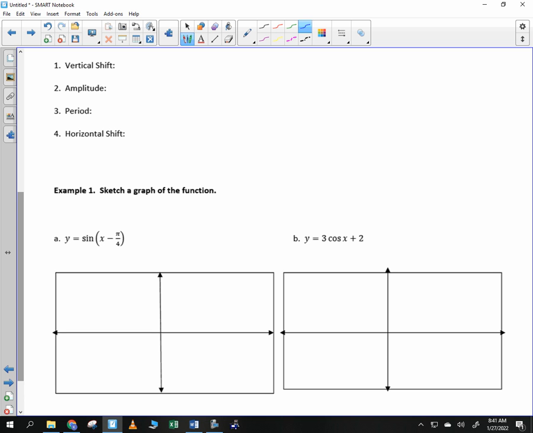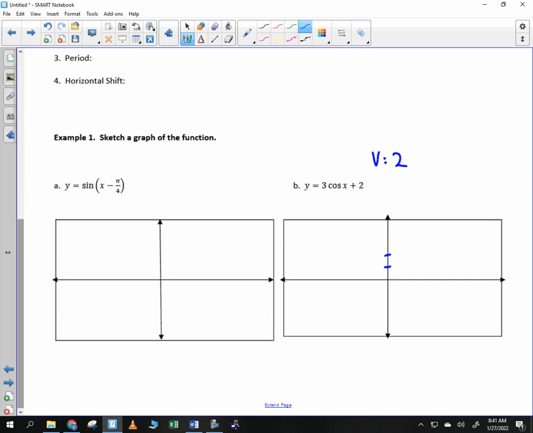And the first thing I'm going to do is identify the vertical shift. What is the vertical shift of this graph? 2. So I'm going to write vertical shift as 2. And what I do is I take the entire graph and shift it up 2 units. So that means instead of being centered on the x-axis, it's shifted up 2 units.